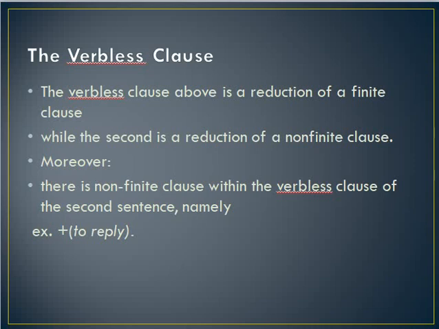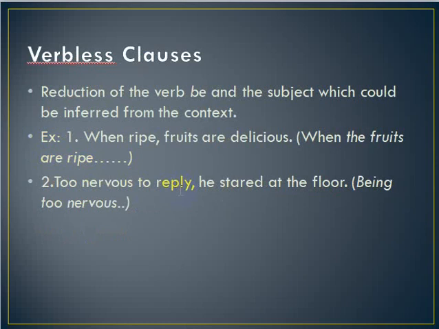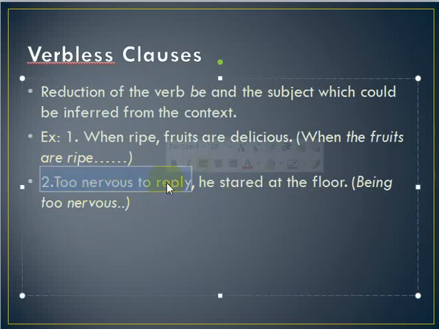Now, if we take this example, the last one, too nervous to reply. Now, this is a non-finite clause within the verbless clause. Non-finite clause here, to reply, the to-infinitive, within the main verbless clause. Now, this is a good note to be taken into account.